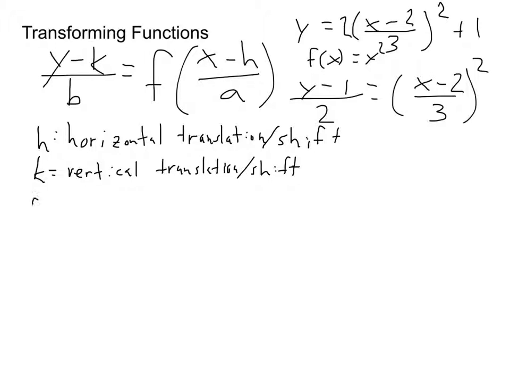a is again with x, so it's also horizontal. But it's dividing. Okay, when you're dividing a number, that's going to stretch or shrink a function depending on what it is. So a is the horizontal stretch or shrink, which your book calls dilation.